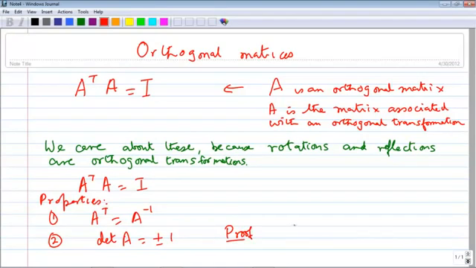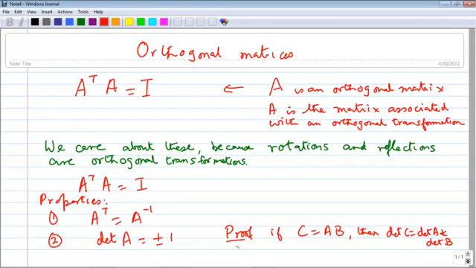Whenever we have matrices, if C is equal to AB, if a matrix C is the product of matrices A and B, then the determinant of C is the product of the determinant of A times the determinant of B. Okay, so let's apply that relationship here.